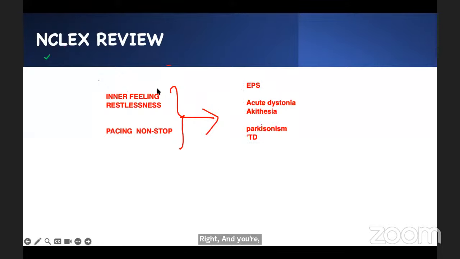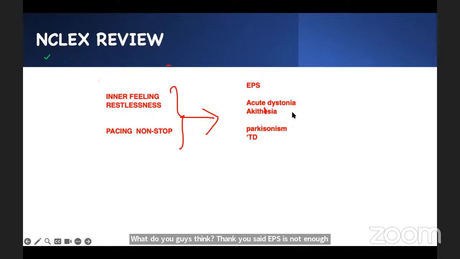These are specific symptoms. EPS is not enough. You have to break them down and see which one she's having.